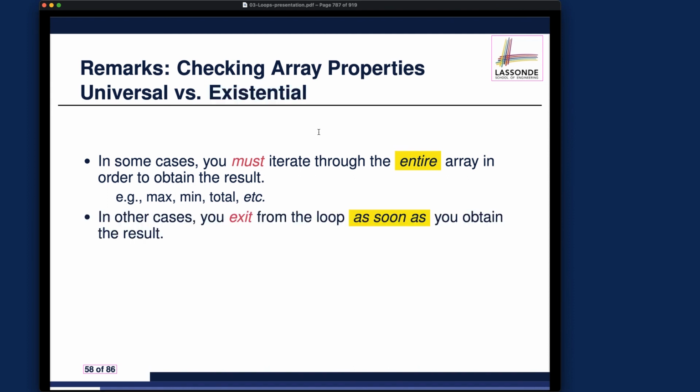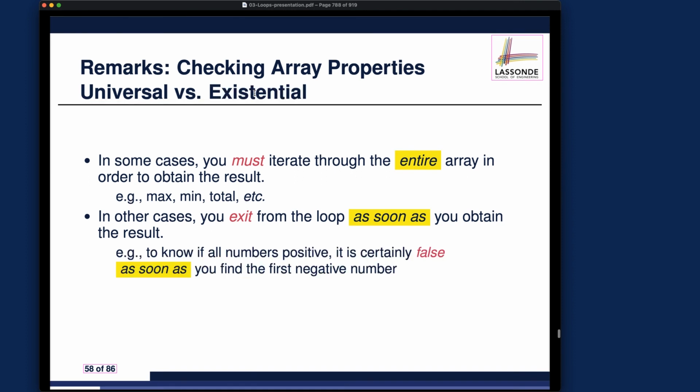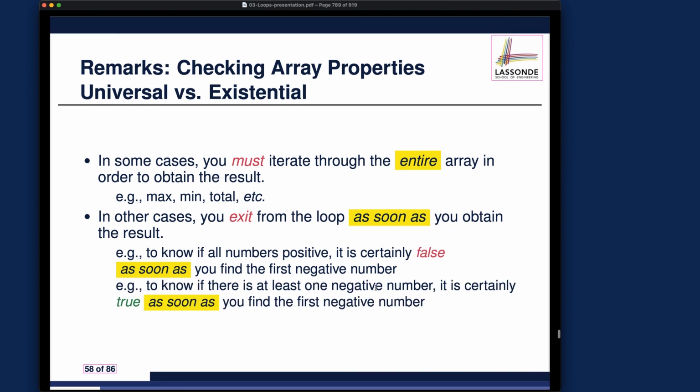On the other hand, if it's either universal or existential, then you can code the early exit version. For the universal, if we want to know whether all the numbers are positive, you can return false as soon as you find the violation witness. And if you want to solve the existential problem, for example at least one negative number, then as soon as you find the satisfaction witness, you can exit from the loop, right? That's something we have explained as well.